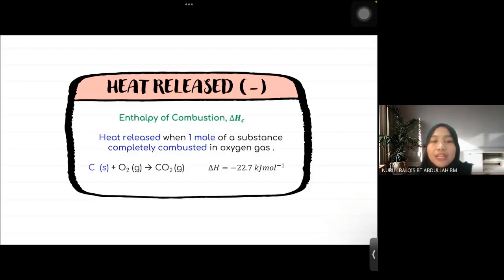We know heat release tells us about the negative sign. Then 1 mole of substance completely combusted in oxygen, we know it is happening at the reactant side. On your reactant side, you have carbon and oxygen gas. So who do you think we need to keep as 1 mole? Carbon or oxygen? Carbon, good.